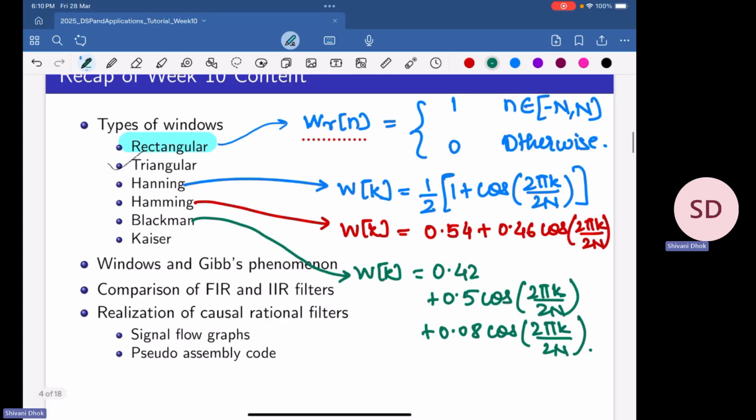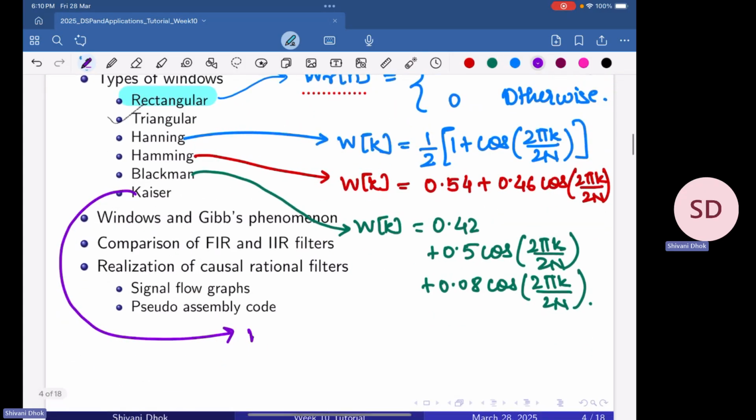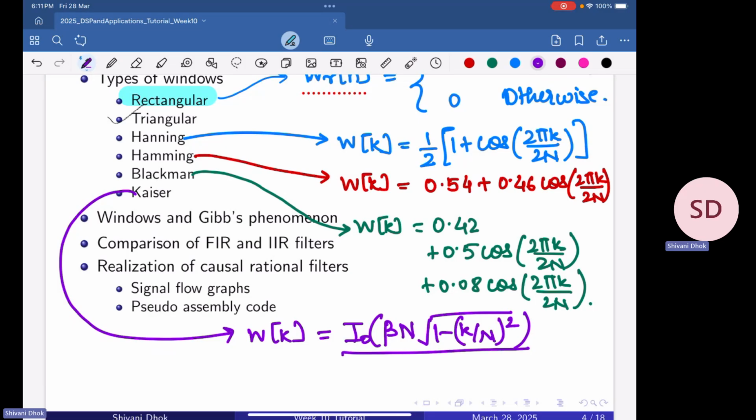And the last one that we saw was the Kaiser window, given by W of k equal to I naught of beta times the square root of 1 minus (k by N) whole squared, divided by I naught of beta. Here I naught is the zeroth order Bessel function of the first kind.